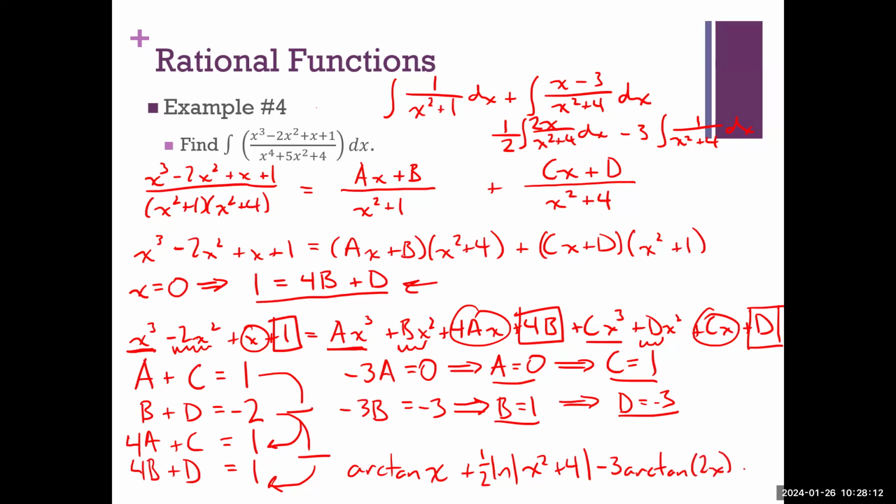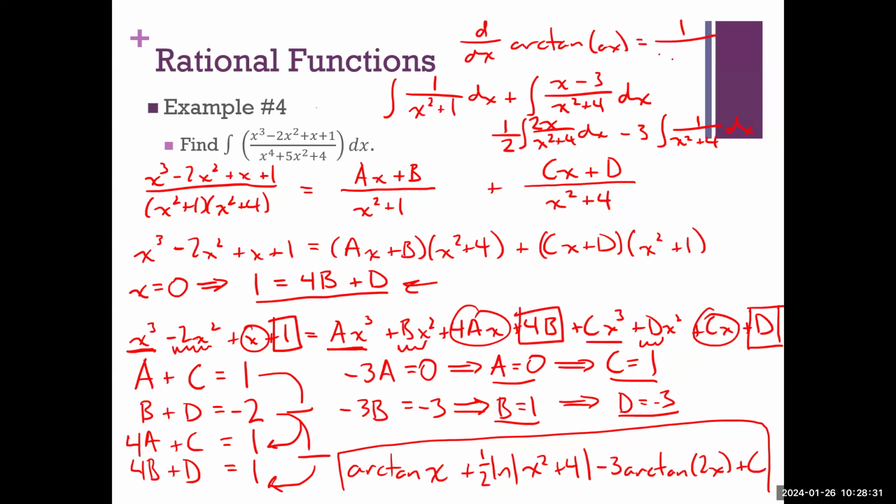Should be arctangent of 2x this time. So I believe the form that's probably in the back of your book somewhere is this: the derivative of arctangent of ax is equal to 1 over x squared plus a squared.